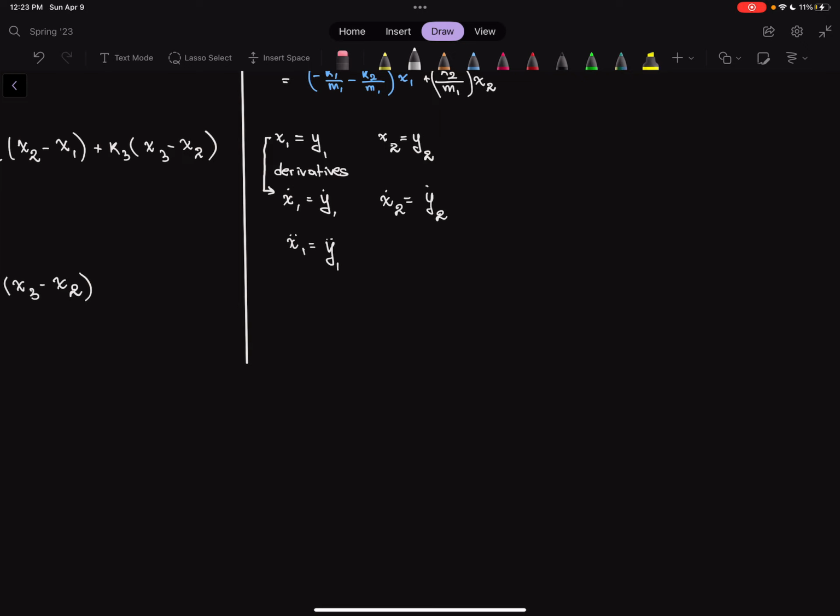What is y double prime of 1? Well, let's say that this is x1 dot of y2. So x double prime of 1 is equal to y prime of 2.